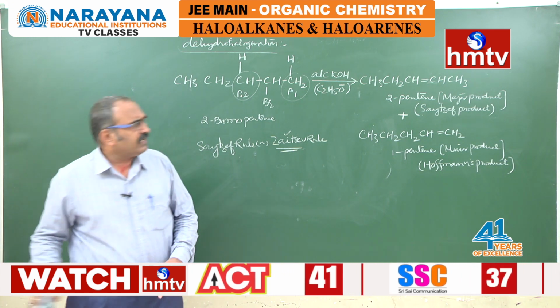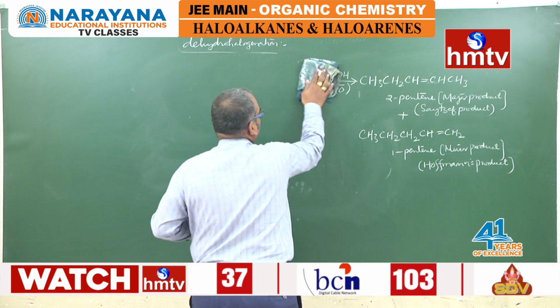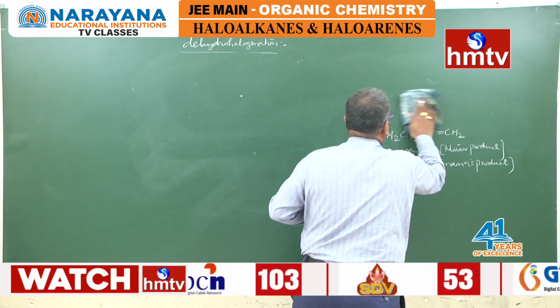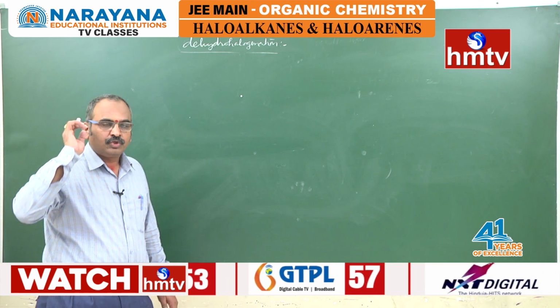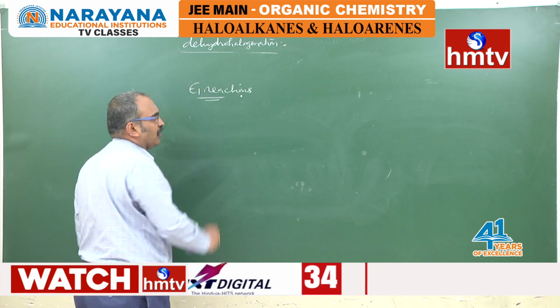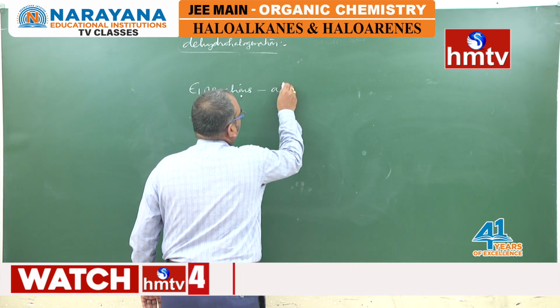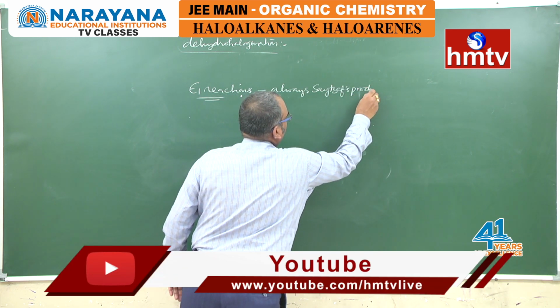Now let us see when Zaitsev product or Saytzeff product is feasible, and when Hofmann's product is feasible. During E1 reactions, or reactions following the E1 mechanism, always Saytzeff product is the major product.